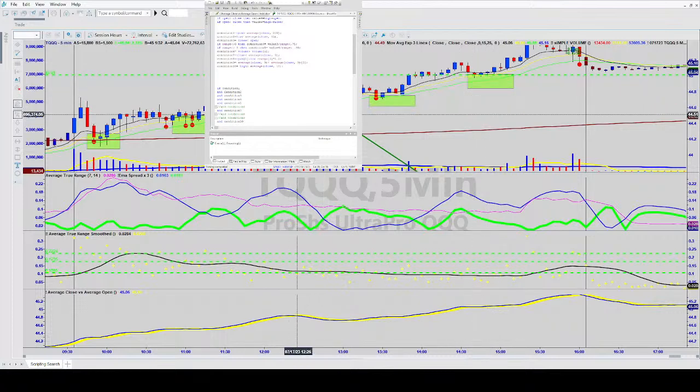So what is this one? High is 45.80, and down here 45.83. $45.80.